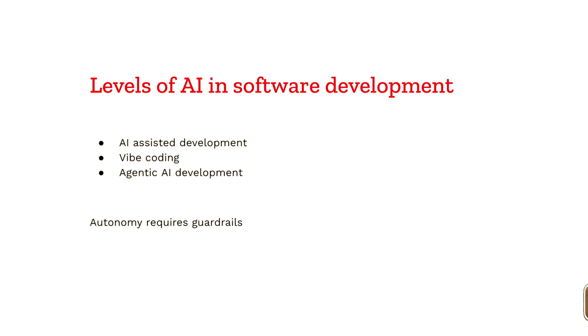And then agentic AI development, which falls somewhere in the middle of those two. That position in the middle is autonomic AI, and it requires guardrails, which I will be talking about today.